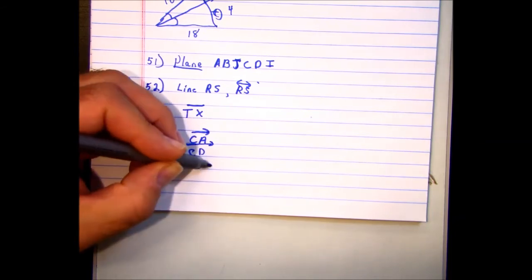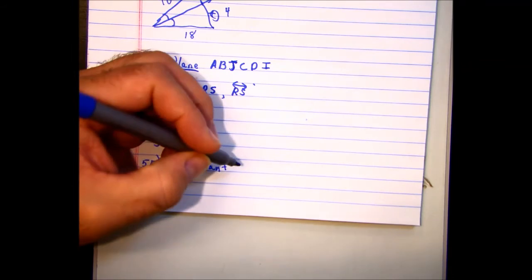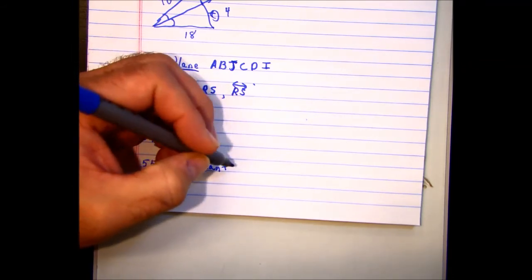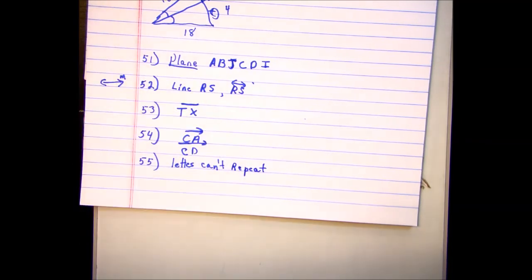Can't repeat. Why? Because then they'd be on the same plane. When you're looking for an intersection, you're looking for repeating letters. When you're looking for something that does not intersect, you're looking for non-repeating letters.